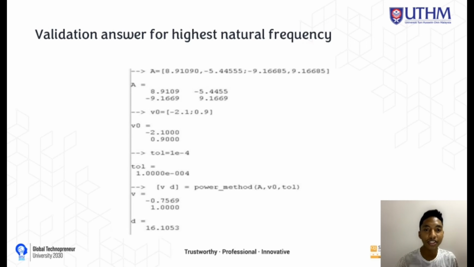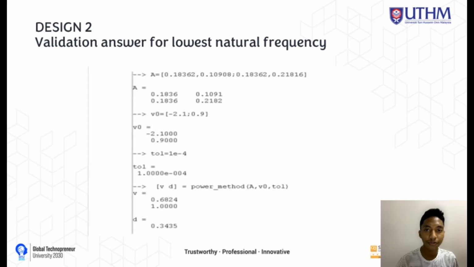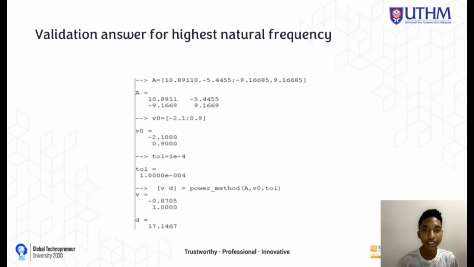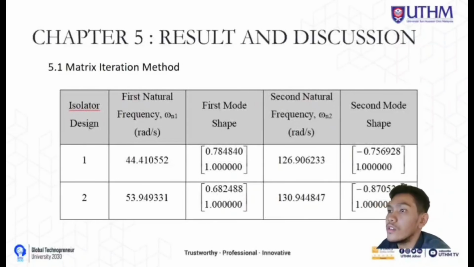Next is the validation answer for the highest natural frequency, that is negative 0.7569. Next, for design 2, the validation answer for the lowest natural frequency, we get 0.6824, and the validation answer for the highest natural frequency is negative 0.8705.